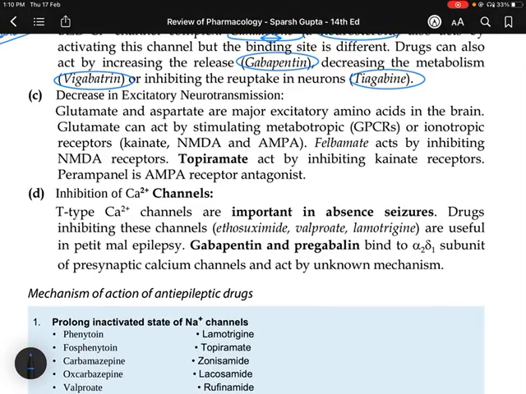So, decrease in excitatory neurotransmitters. Glutamate and aspartate are major excitatory amino acids in the brain. Glutamate can act by stimulating metabotropic or ionotropic receptors: kainate, NMDA, and AMPA.